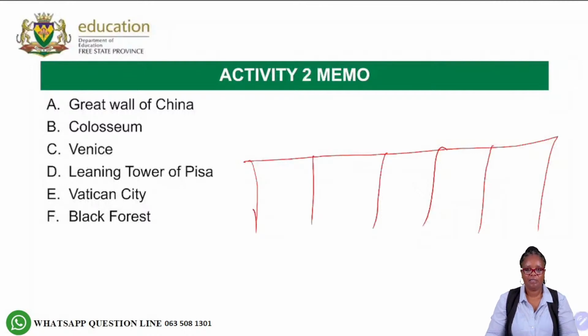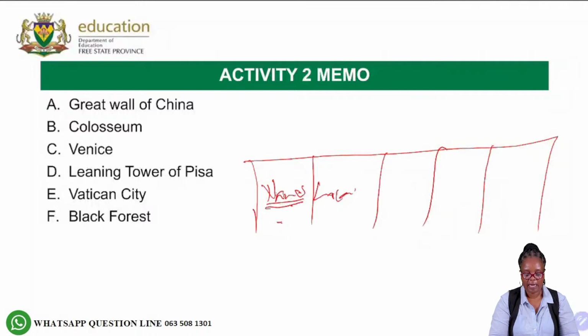From this, on the first, I want you to write the names of all the icons for 2024. Please don't do all the icons. We only do 13 icons. The book is having a lot, but your educators will assist you. I'm sure they've already given you which ones. So write the names here.